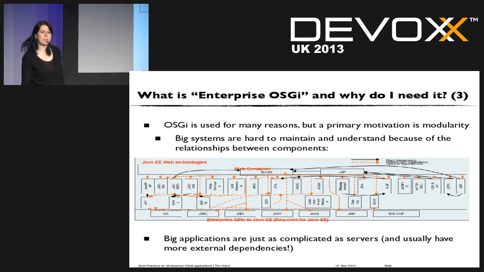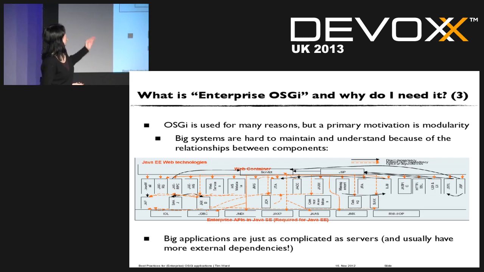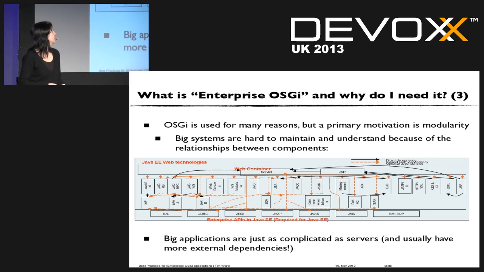And when you look at the number of boxes there, you begin to understand why application server vendors themselves have been using OSGi for their internals for a long time, because it's actually the only way, or one of the only ways, to write an application server that behaves sanely in terms of its development, in terms of its deploying. But big applications, some of them are actually as big as that.